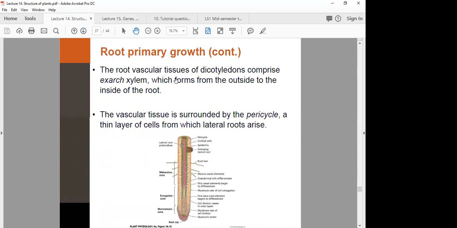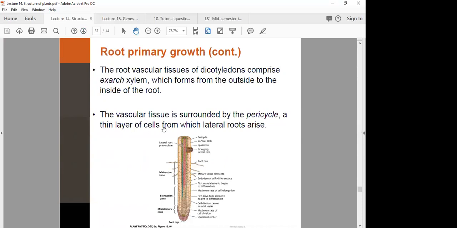All right, the root vascular tissues of dicots comprise what's called exarch xylem, and we saw that illustrated on one of the previous slides. Now, let's revisit that central vascular cylinder. The vascular tissue within that vascular cylinder is surrounded by a layer of cells called the pericycle.